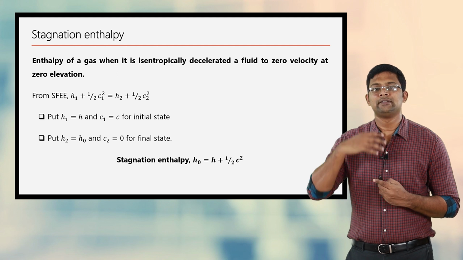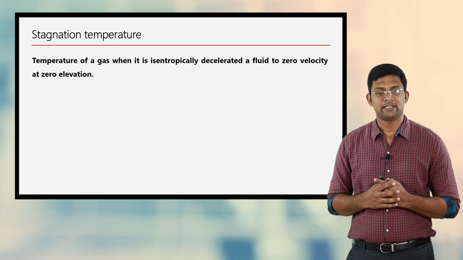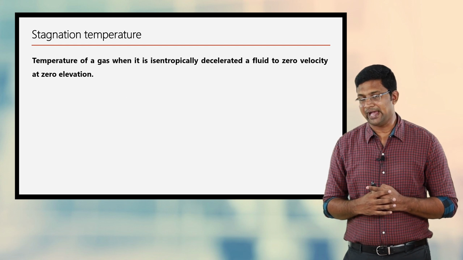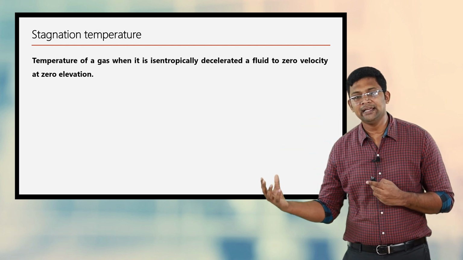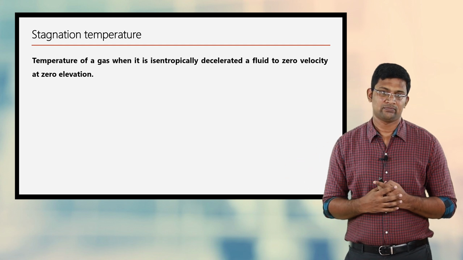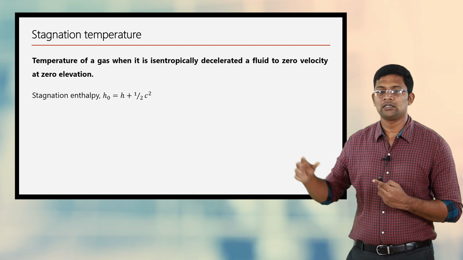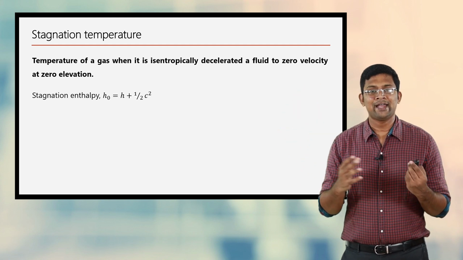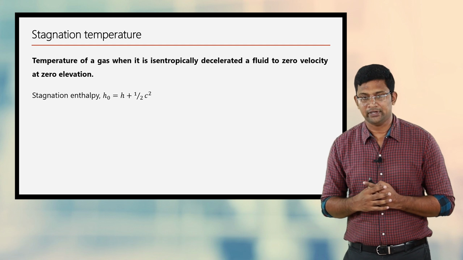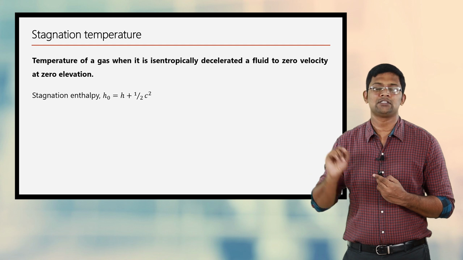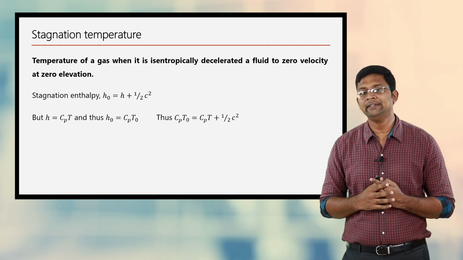Now, let us move to the next expression, stagnation temperature. Definition the same: the temperature of a gas when it is isentropically decelerated to zero velocity at zero elevation. Now for the derivation, we start with the expression for stagnation enthalpy, h0 is equal to h plus half c square. But we know the expression for enthalpy, capital H is equal to m Cp dT.